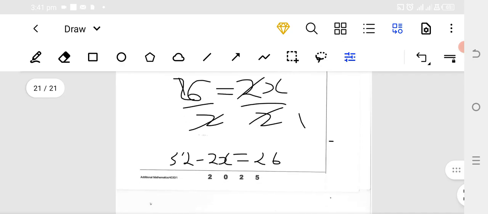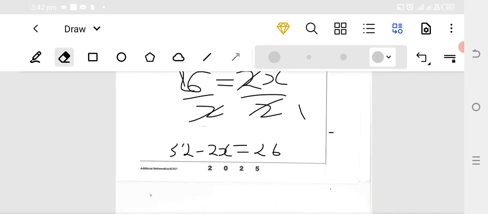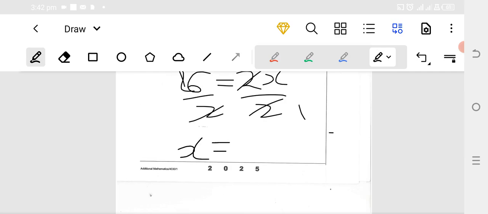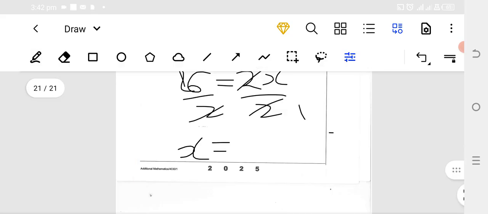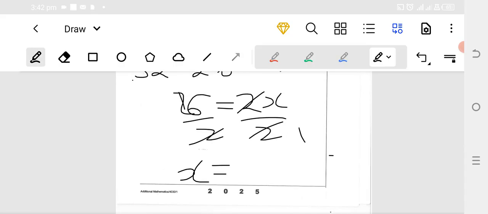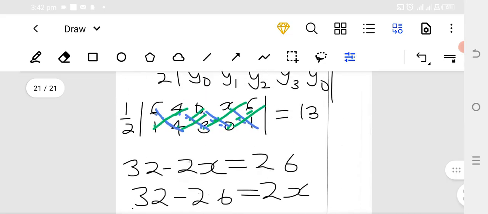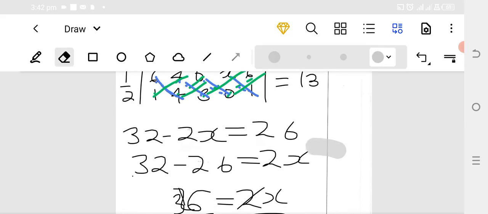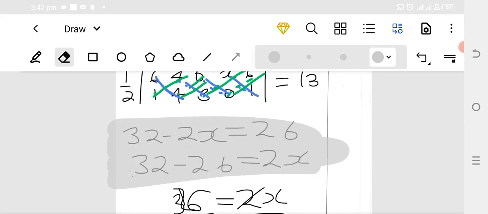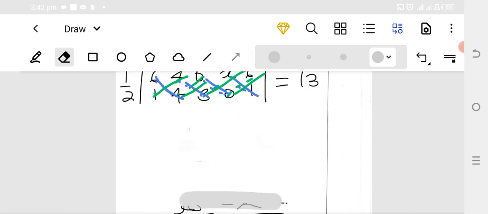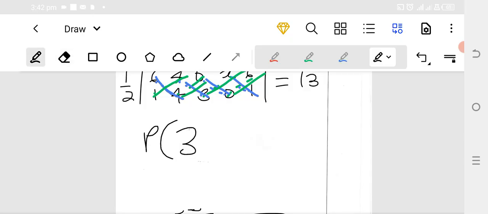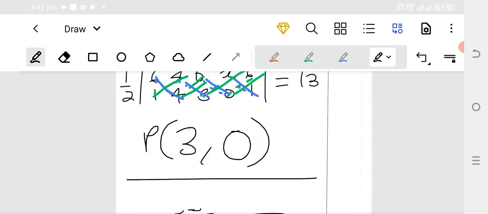Okay, that x coordinate I was talking about, remember it, x is equal to, sorry, what did I say here? It's supposed to be a 3. So x is equal to a 3. So therefore, your P will be a 3,0 as your final answer.